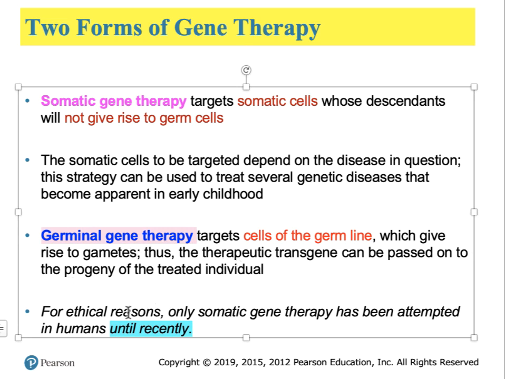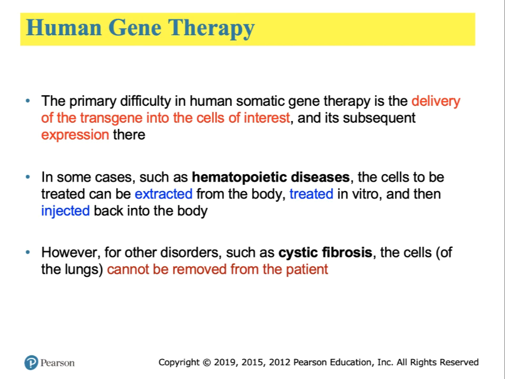Now, for ethical reasons, the scientific community had a moratorium on using germline gene therapy. However, recently, scientists in China have broken the mold and have produced 2 human offspring, with a third one pending, by manipulating germline cells. Some tissues of the human body are more amenable to gene therapy.